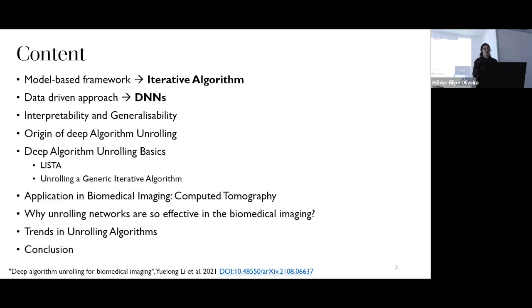Then a bit of history of deep algorithm unrolling, and the first algorithm that was unrolled, the LISTA algorithm, and how it turns into a more generic approach, called unrolling any iterative algorithm. Then we will discuss the applications in biomedical imaging, specifically computed tomography, and then the effectiveness of this approach and the trends, and finally a conclusion.